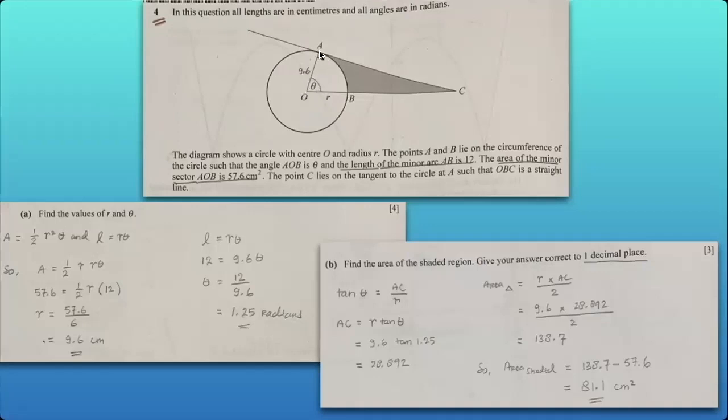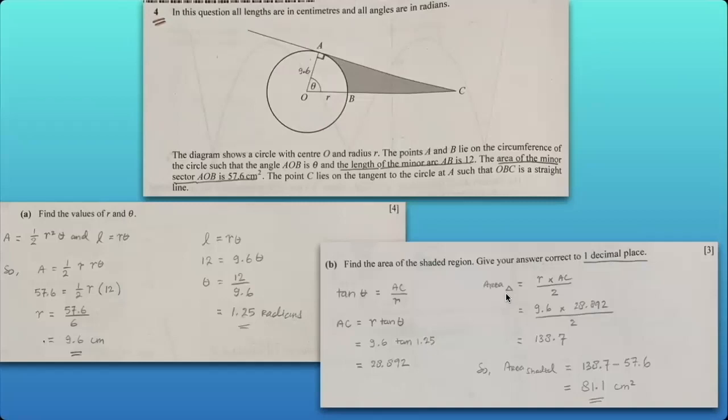Therefore, we can find this opposite side of this angle, which is side AC, by using tangent. So tangent theta is equal to opposite divided by adjacent. And then we can rewrite this expression by having AC as the subject. So there you go. That is length AC, 28.892.